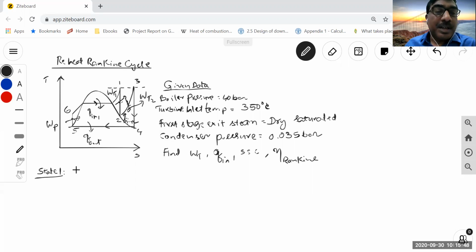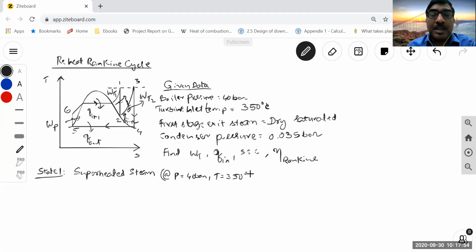What is the state 1 here? It is superheated steam at pressure P equal to 40 bar and the temperature equal to 350 degrees centigrade.